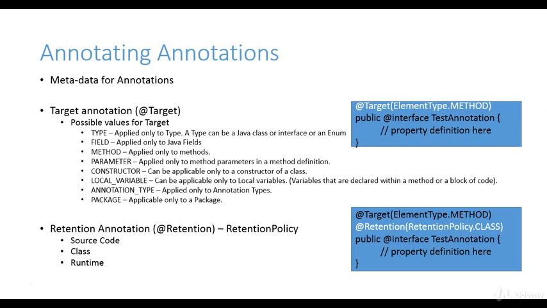For example, whether it needs to be retained on the source code only, or retained in the class file also, or it is to be retained during the runtime also so that the JVM can make use of it. @Retention takes possible values of SOURCE, CLASS and RUNTIME for each of the above cases.